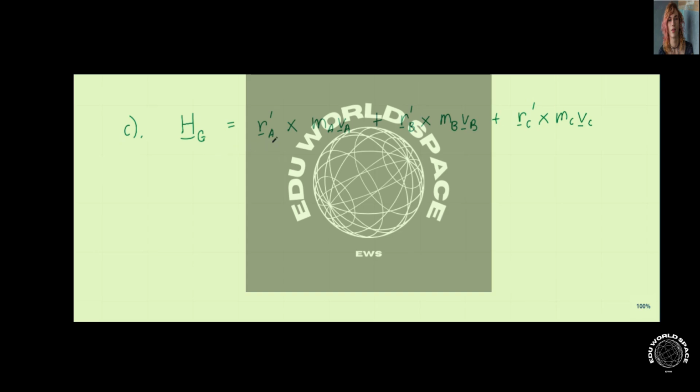So the angular momentum is the position vector crossed with the linear momentum, R cross P.